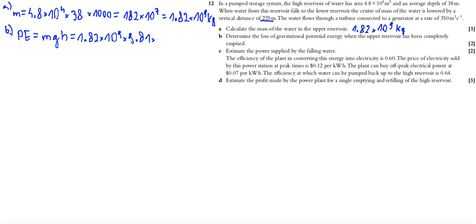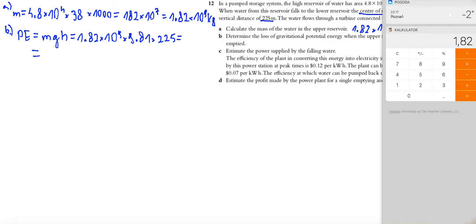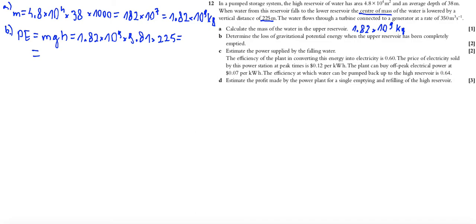We don't need to add or subtract 58 because this is written that the center of mass is lowered by. Okay, so the center of mass is displaced by 225 meters, so multiplying 1.82 times 9.81 times 225, I have 4.017 times 10 to the power of 12, or 4.02 in 3 significant digits times 10 to the power of 12 joules.